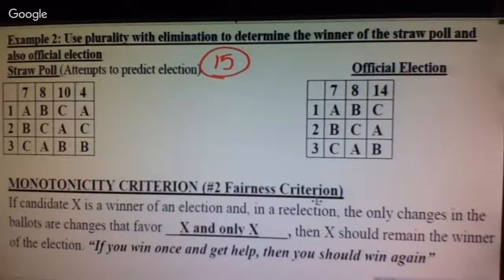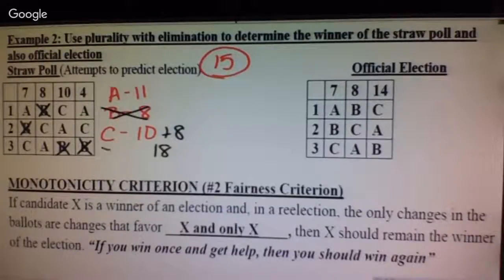Right now, A has 11, B has 8, and C has 10. Nobody has that majority, so we should lose B. When we lose B, these 8 points go to C, which gives them 18, which makes C your winner.